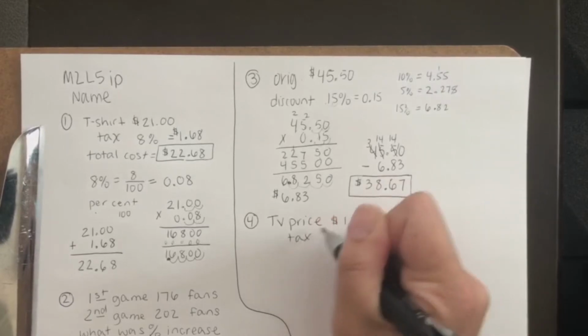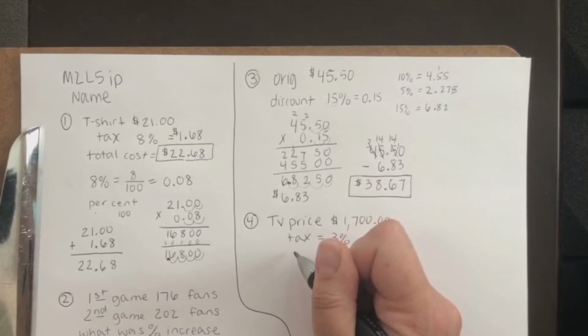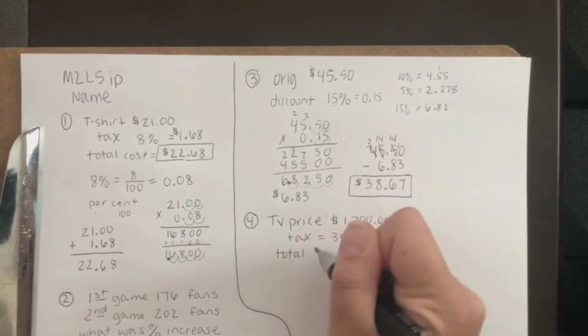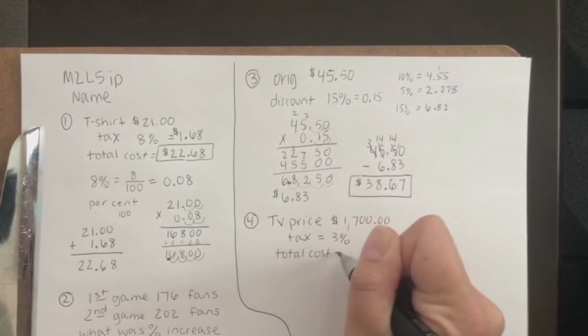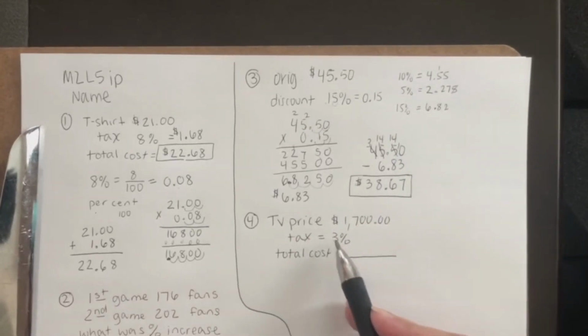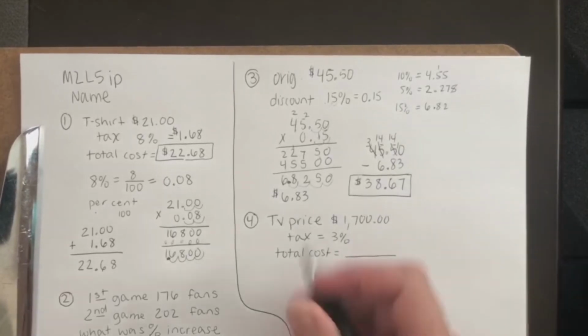Tax is 3%. And we need the total cost. Okay, so let's find 3% of 1,700 and then add it together.